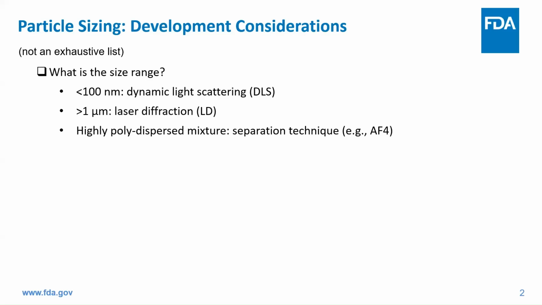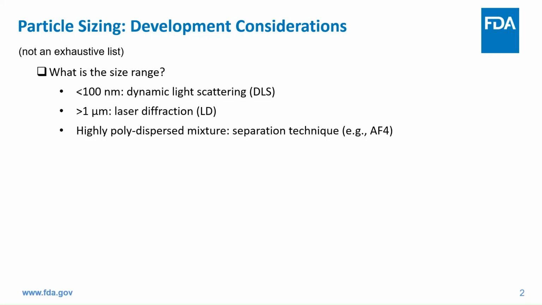Typically those are hyphenated techniques, meaning they are used at the beginning of the analysis to separate the particles first, and then followed by a different detector. It can be a DLS detector analyzing hydrodynamic radius, or a multi-angle light scattering detector analyzing molecular weight or other properties.